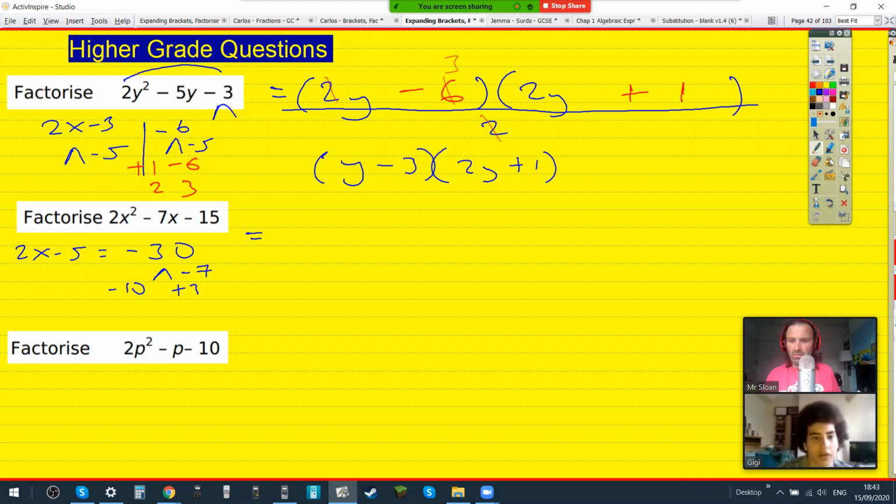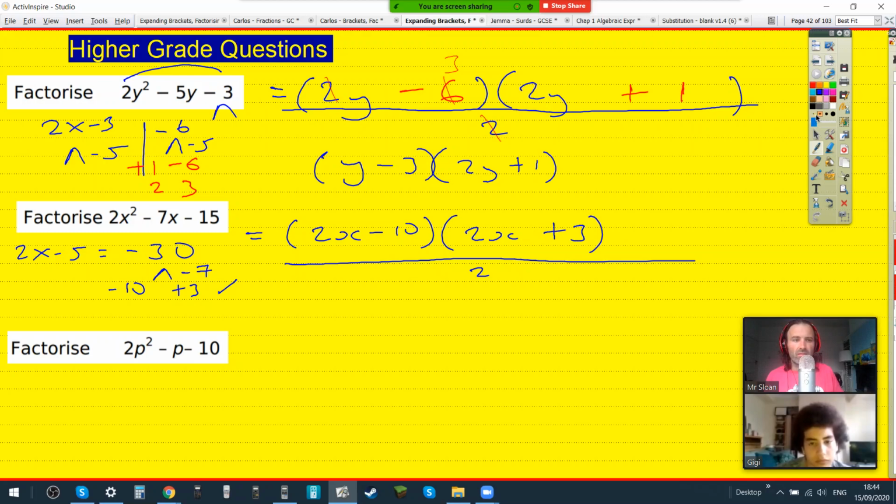So it'll be over 2, in brackets 2x minus 10 and 2x plus 3, and then it'll be x minus 5. x times 2x would be 2x squared. 2x plus 3, you don't have to go back to having 2x squared minus 7x minus 15.